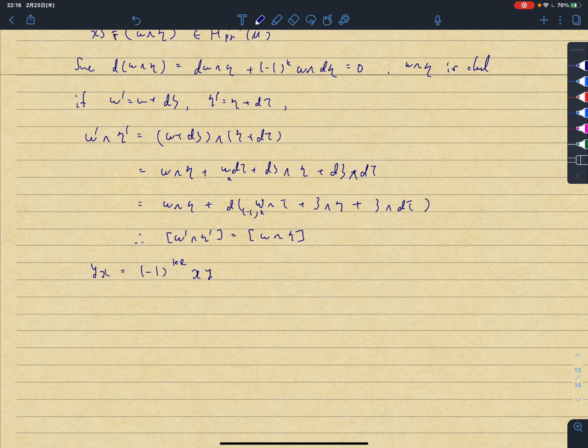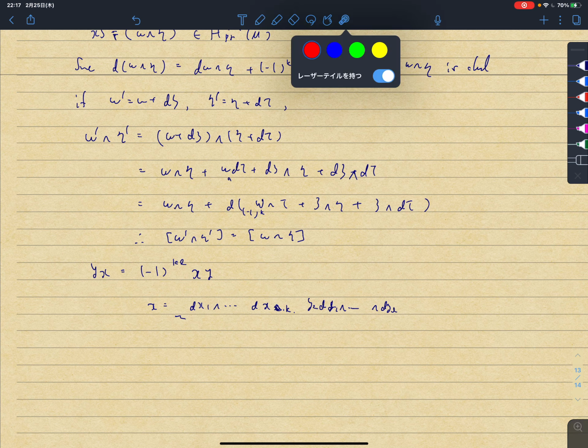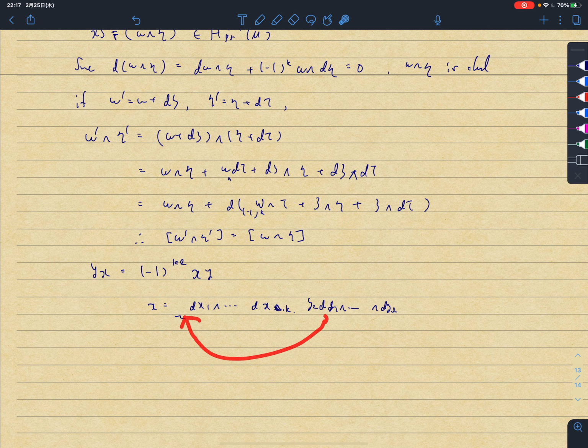You can check this: moving past each term changes the sign k times, and that process is repeated l times, so the sign of this term changes kl times. So this is right.